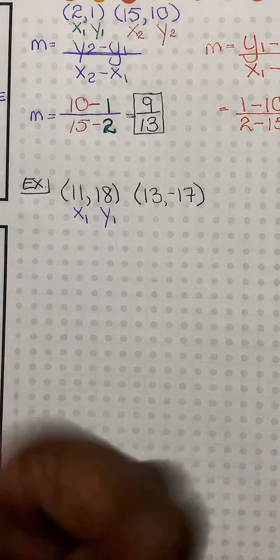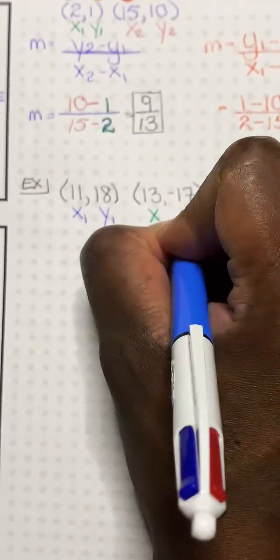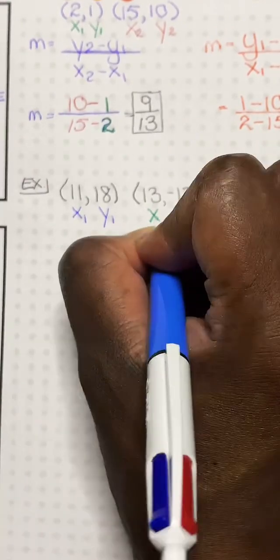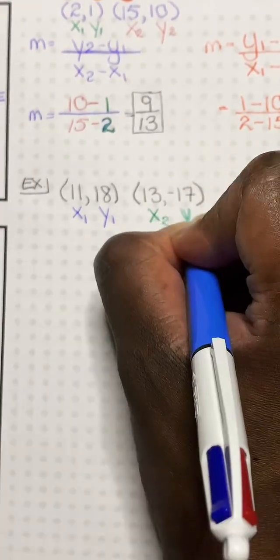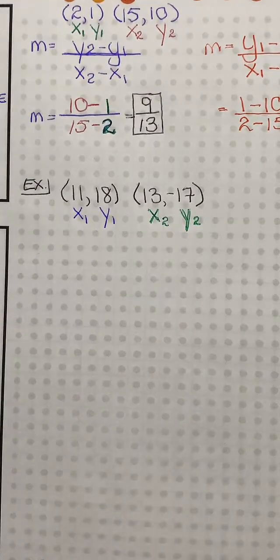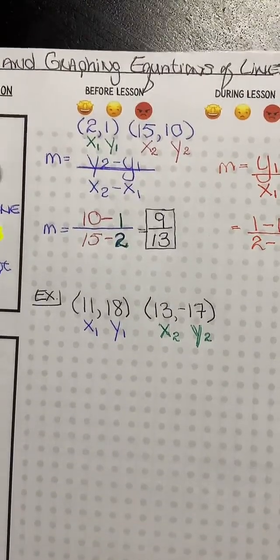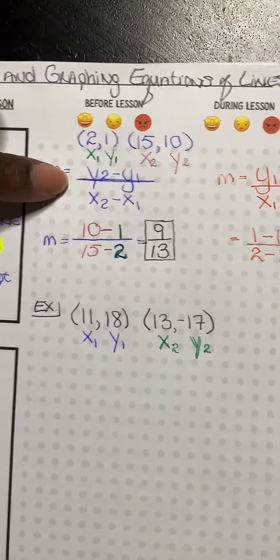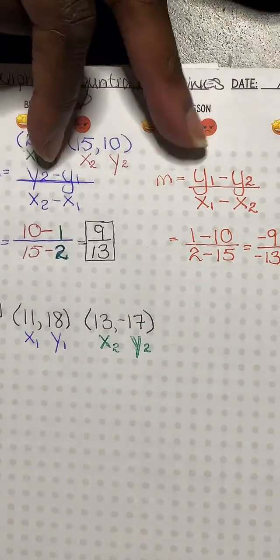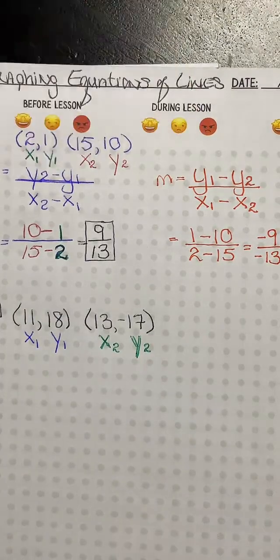So now we have our X and our Y, but this is the X and Y of our second point, hence the sub 2's. So if we connect with our formula, it doesn't matter which one you use, you're going to get the same answer. You pick and choose.